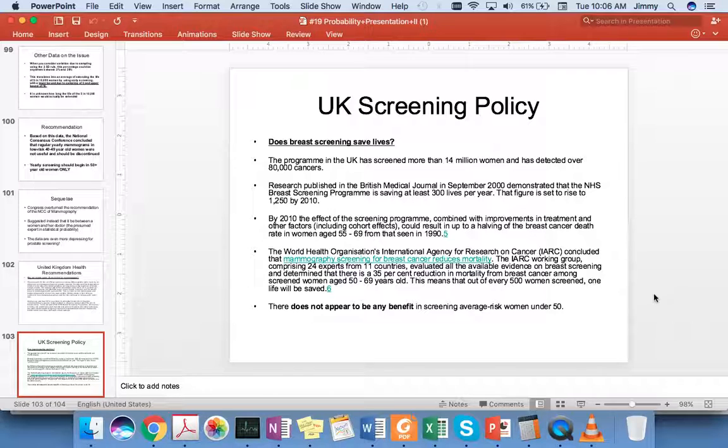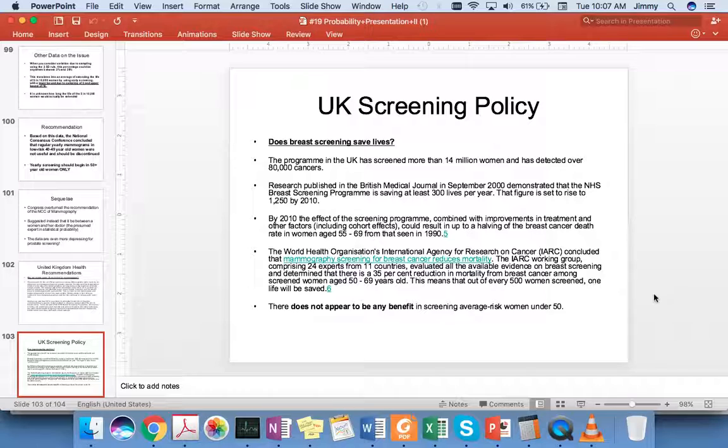The figure is set to rise to 1,250 by 2010. By 2010, the effect of the screening program, combined with improvements in treatment and other factors, including cohort effects, could result in up to halving of the breast cancer death rate in women aged 55 to 69 from that seen in 1990.